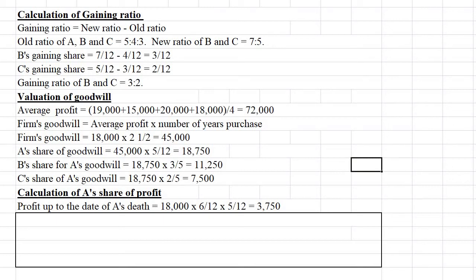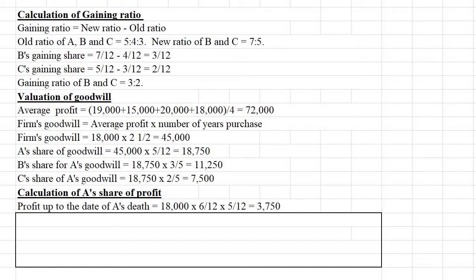But there was one difference between those problems and this problem: the new ratio among the remaining partners was equal to their corresponding old share. In such a case, we will be transferring that amount into profit and loss suspense account, because in future also the continuing partners will be sharing the profit in the same ratio.